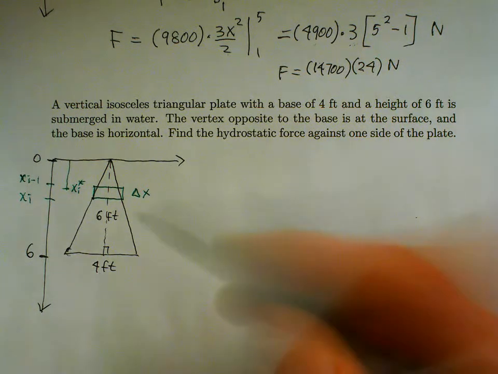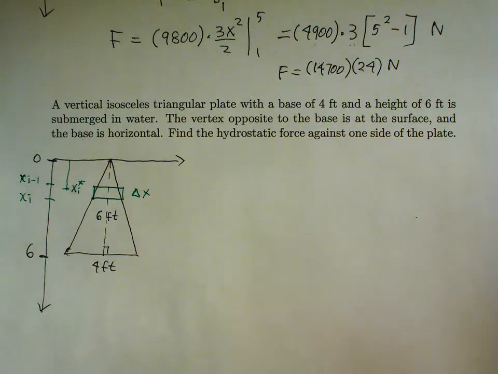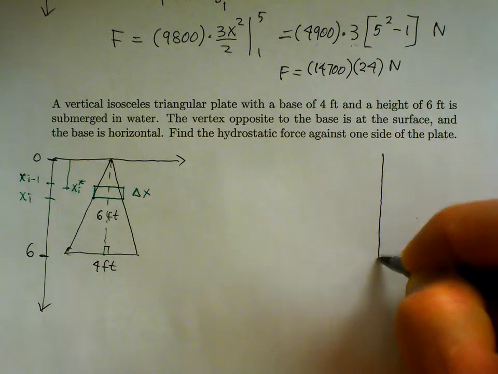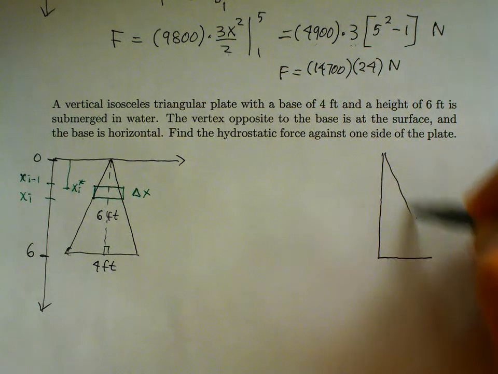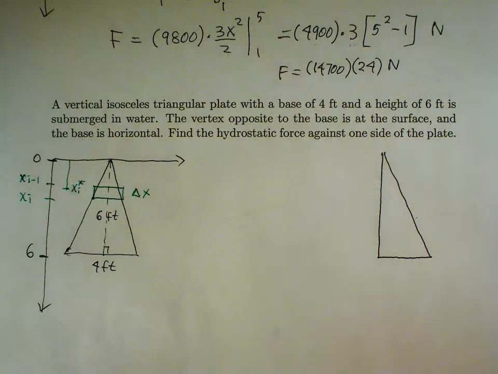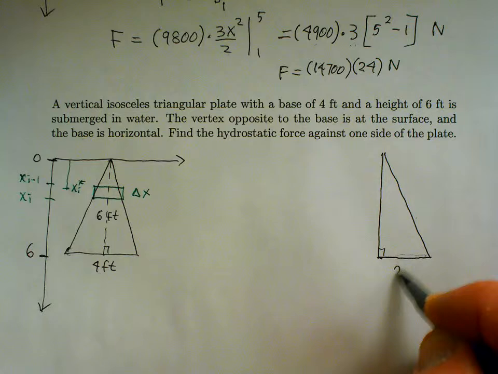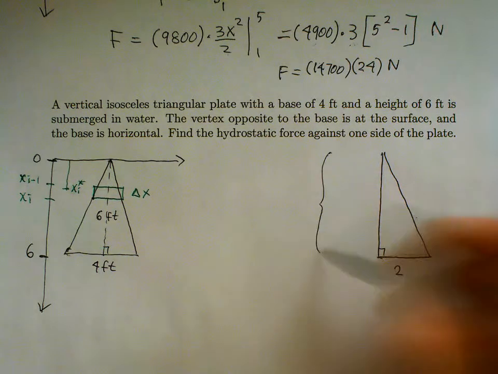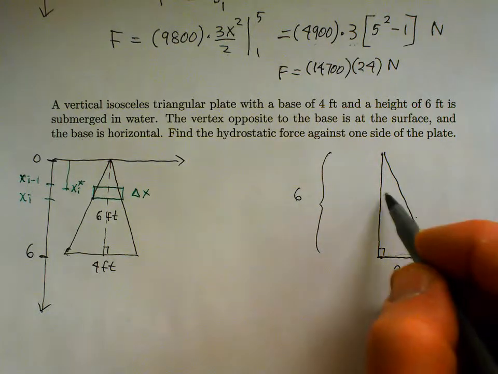Okay, so let's look at half of that isosceles triangle, which is a right triangle. So this side will be 2 feet. The entire length is 6. And then let's suppose our x sub i star.